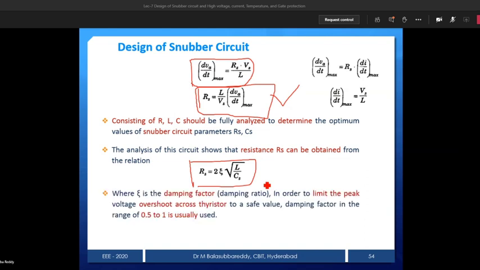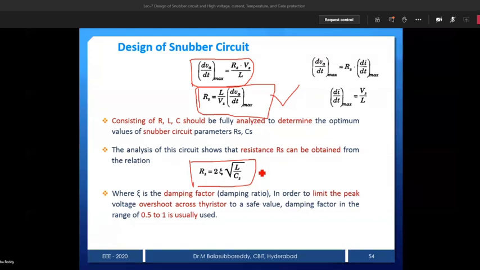Then eta, or delta, whatever you notate, is the damping factor, and that range is 0 to 0.5 to 1, preferably 0.65 they approached as an accurate design, but still you can take the value of delta as 0.5 to 1.